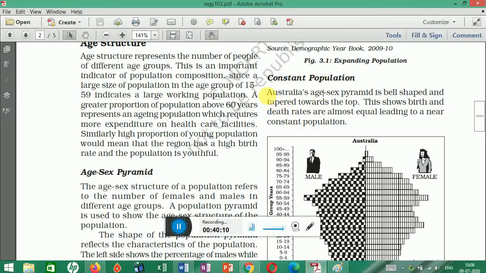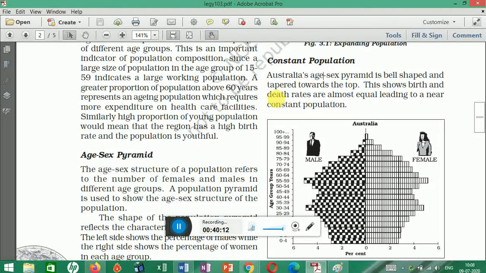See here, let us analyze the age pyramid of Australia. Australia's age pyramid is bell-shaped and tapered towards the top. This shows birth and death rates are almost equal, leading to a near constant population.